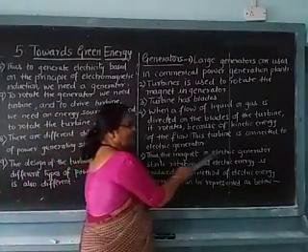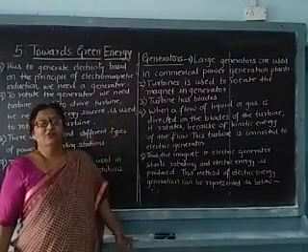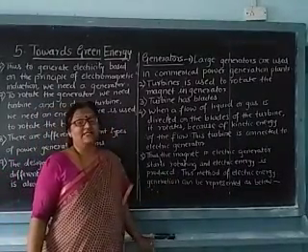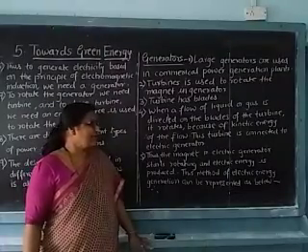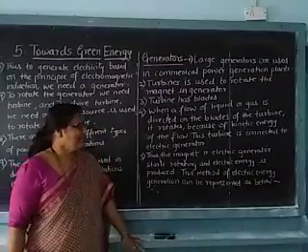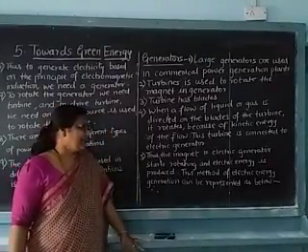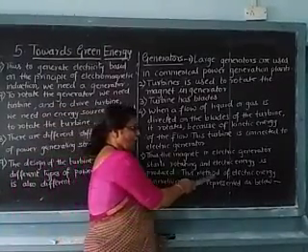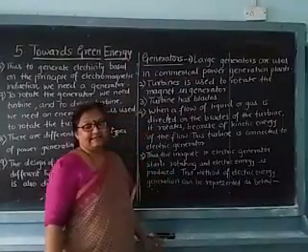Thus the magnet in an electric generator starts rotating, and thus the electrical energy is produced in a generator. This method of electric energy generation can be represented as below.